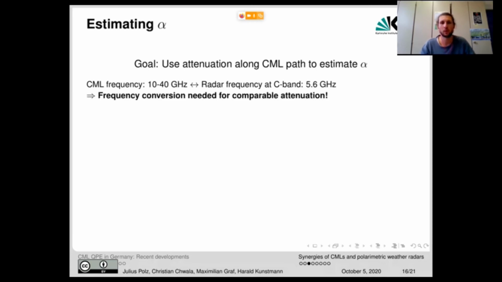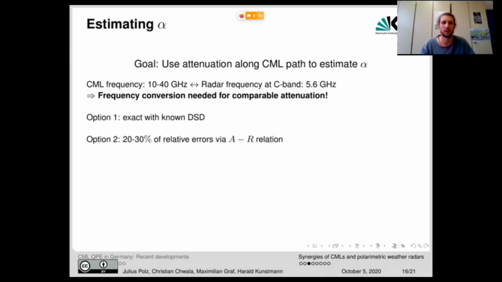So we need to do some kind of frequency conversion for a comparable attenuation. Option one, which would be kind of nice, is to do it exactly with a known drop size distribution. But if you knew the drop size distribution, then you would have a lot of the problems that we're dealing with solved. So that's most of the time not an option.